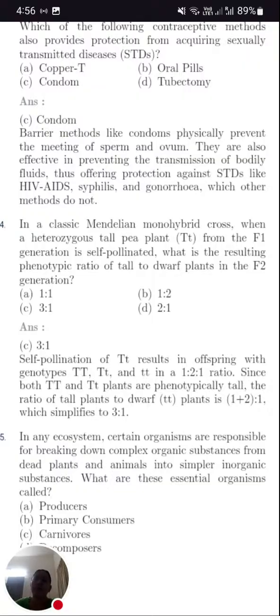So these 2 points are also very important. 1:2:1, where 1 is completely tall and 2 is hybrid tall, and 1 is completely short plant, dwarf plant. So thus, in the question they asked, like in classical Mendelian monohybrid cross, when a heterozygous tall plant from the F1 generation self-pollinated, what is the result of the F2 generation? So phenotypic ratio they're asking. So thus the answer is 3:1. So hope you understood. Now coming to the next question.